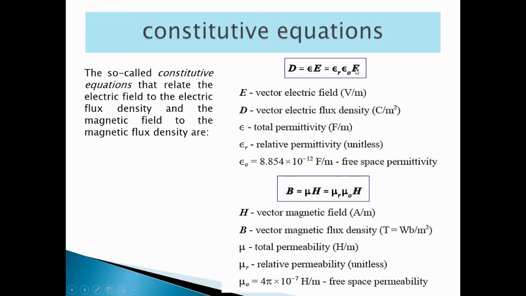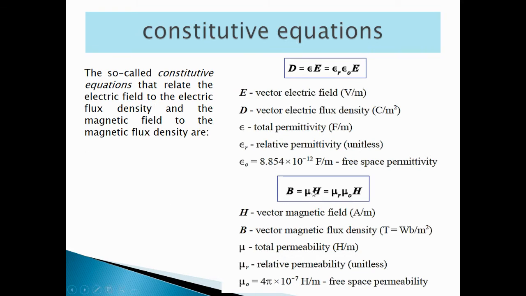This is what we know already, but for the magnetic field it is more or less similar, with one more thing introduced. Rather than electric permittivity, we put magnetic permeability, which is mu. B is the magnetic flux density, and H is the magnetic field, or you can call it the vector magnetic field.